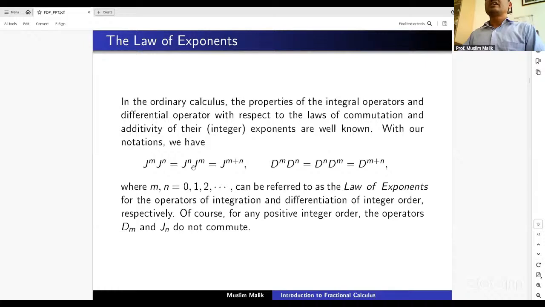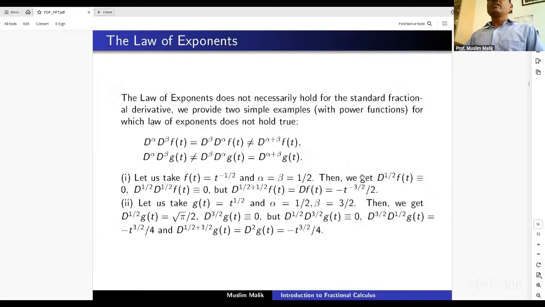For the fractional integral the law of exponent is satisfied, but this formula is not satisfied for the fractional order derivative. So here they are not satisfying. For some functions it will be satisfied, but for some functions it will not be satisfied.